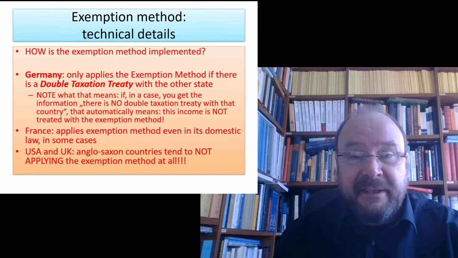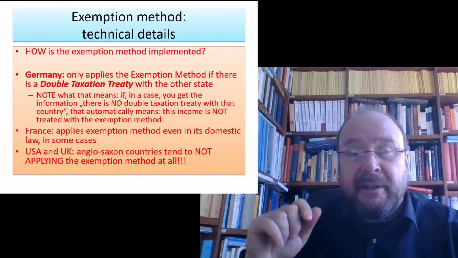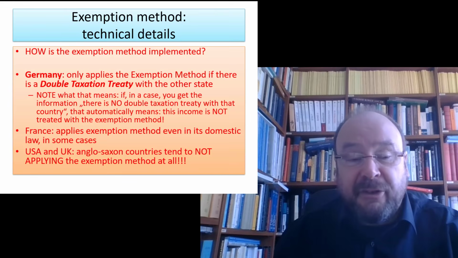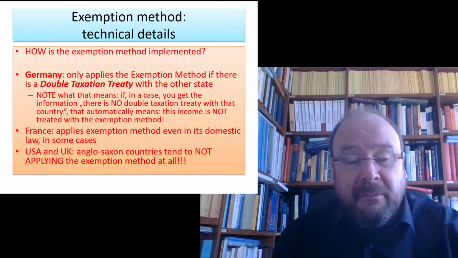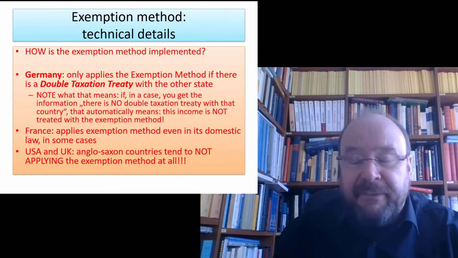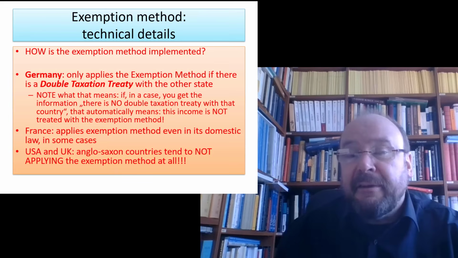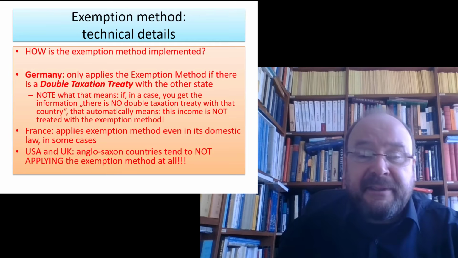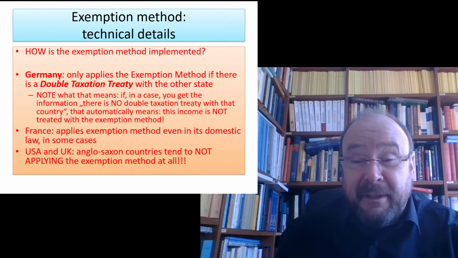For you, that means if there is no double taxation treaty, you can forget about the exemption method. It will not be granted by German law. Other countries practice it unilaterally, and as already mentioned, France and the UK and the USA don't even practice it in general. They always insist on the credit method, maybe with slight modifications.